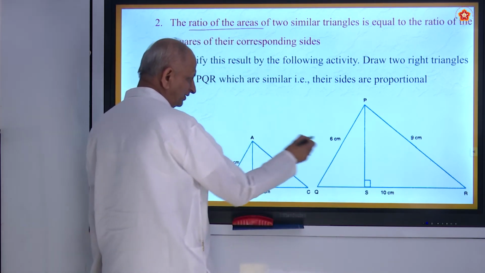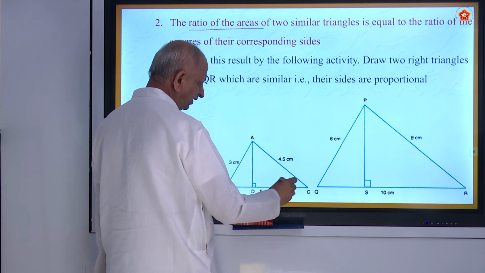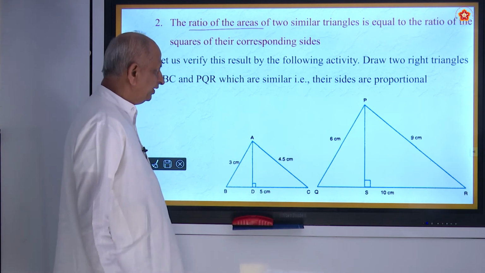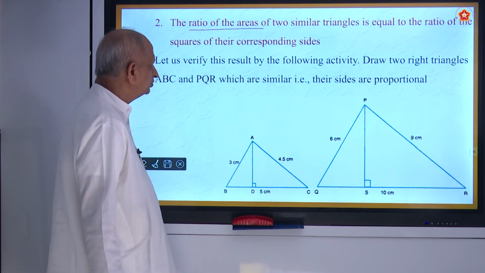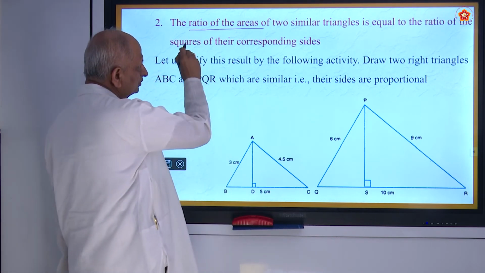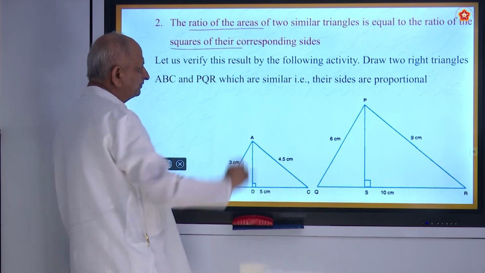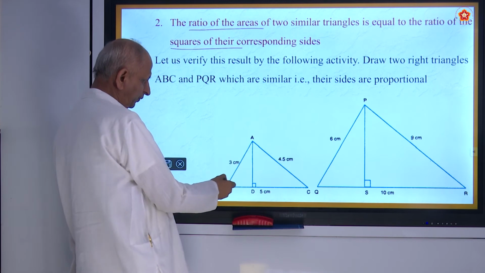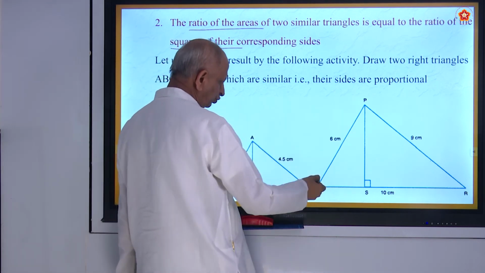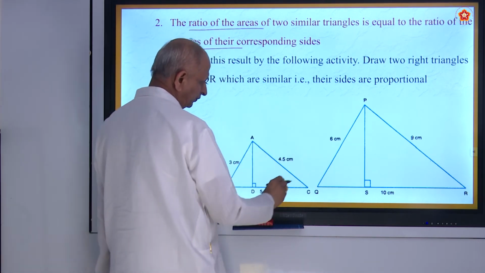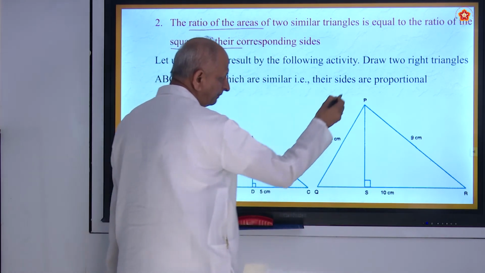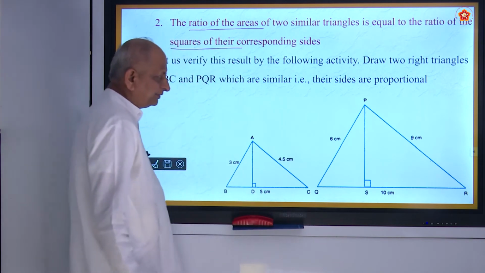If the two triangles are similar, the ratio of the area of triangle ABC and triangle PQR is equal to the ratio of the squares of the corresponding sides. Squares means what? AB square by PQ square, BC square by QR square is equal to AC square by PR square. That is the meaning.